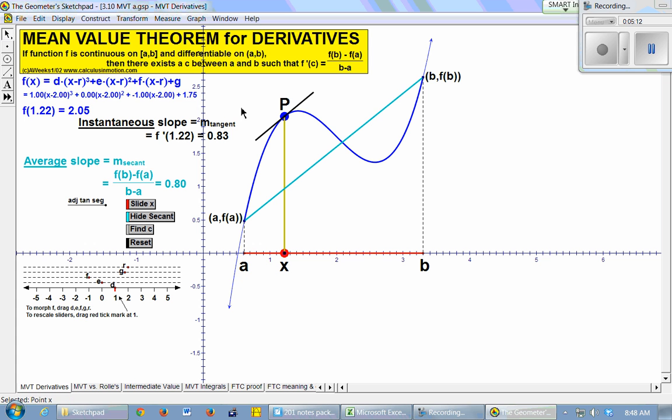There's the place where the tangent line is parallel to that secant line. The mean value theorem guarantees that there's at least one place that happens, but it could happen in more than one place, right? If I keep going, there's another one over here. The equation of what? It's not a sine wave, it's a cubic polynomial.